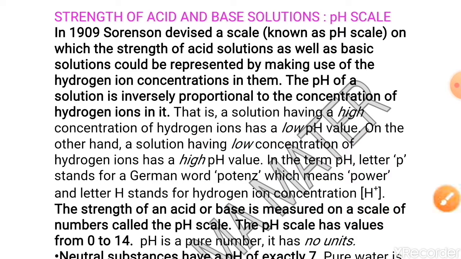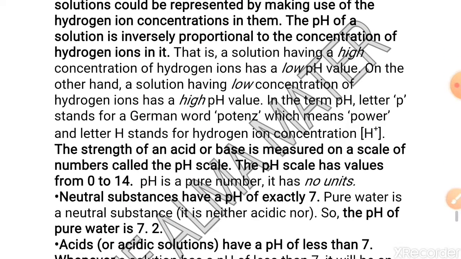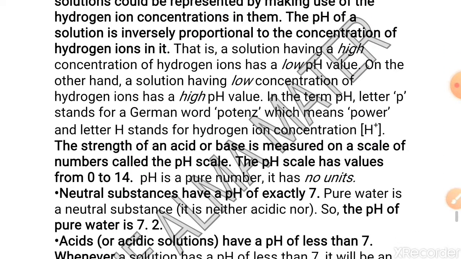So the strength of an acid or base measured on a pH scale represents the concentration of H positive ions in the solution. Now, the pH scale has values from 0 to 14, and it is just a number, it doesn't have any unit. We have three kinds of substances depending on their nature. We call them acidic, basic, and neutral.